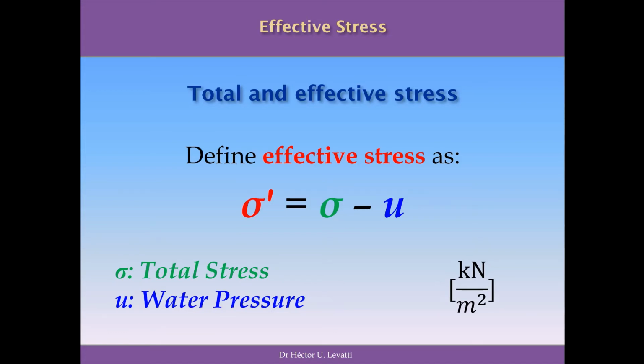So we have defined this because in soil mechanics and in geotechnical engineering, all the important changes, such as deformations and production of stresses, are related with the effective stress when we are dealing with saturated soils.